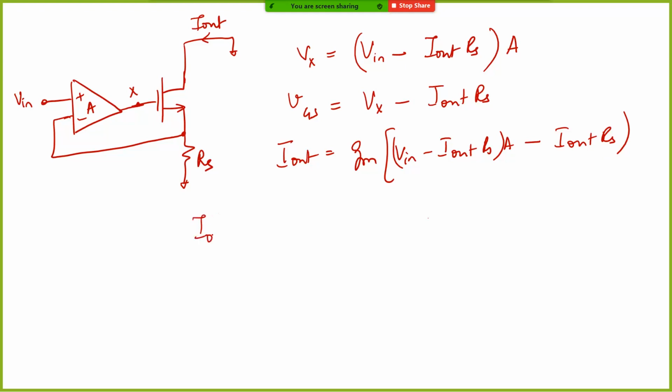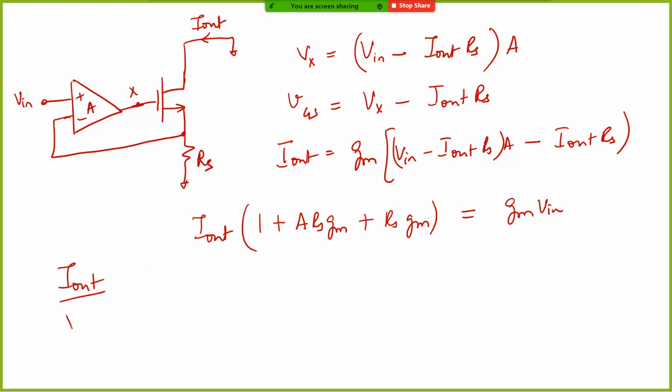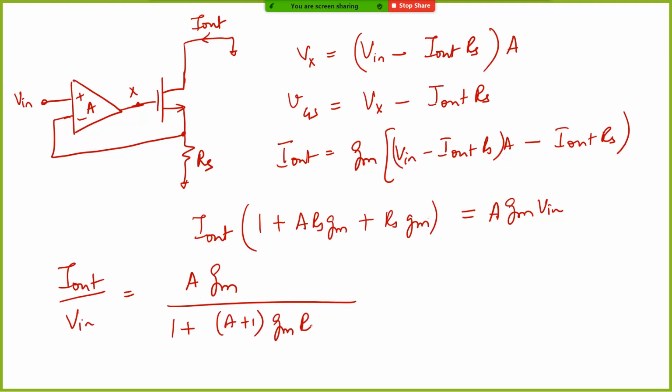Now collect all the I out terms here. This is 1 plus A times Rs times GM, plus Rs times GM, and this is equal to A times GM times Vin. Now what is I out by Vin? I out by Vin is A times GM divided by 1 plus (A plus 1) times GM Rs.